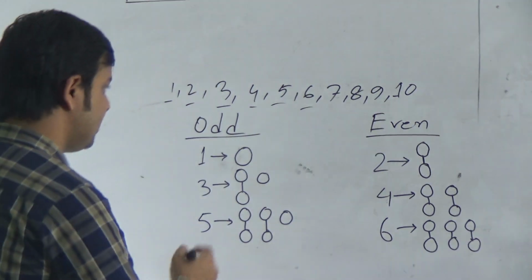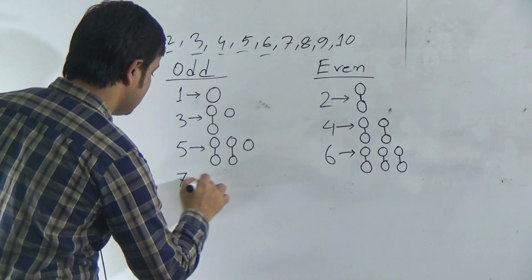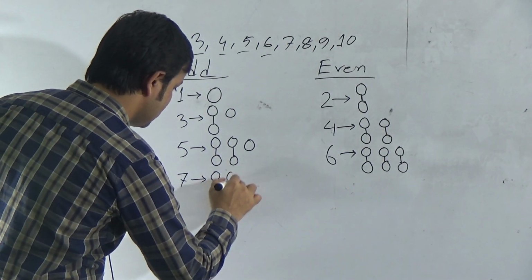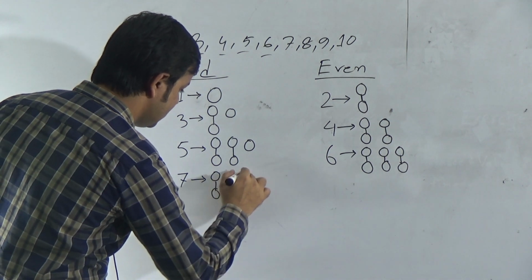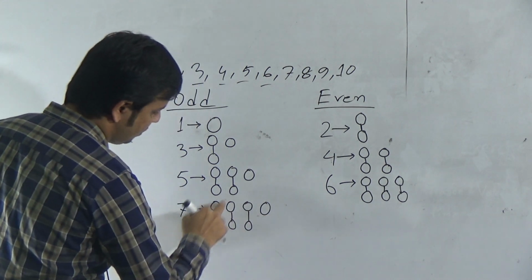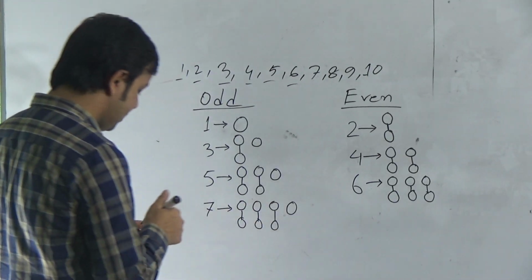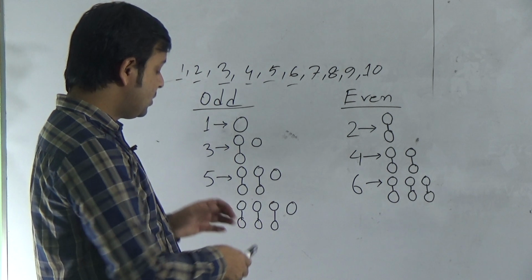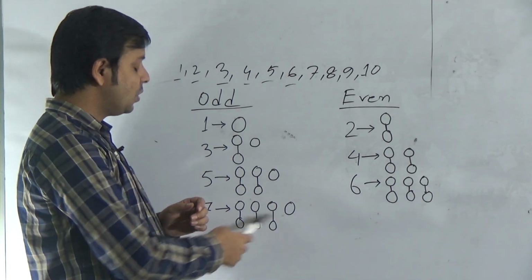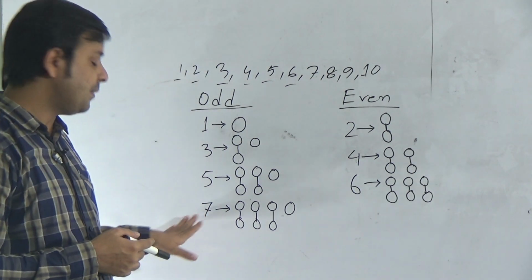Now the next number, 7. We can express 7 in this way: 1, 2, 3, 4, 5, 6, 7. 7 balls here. Students, see 3 pairs and 1 is without a pair. So 7 is not even, 7 is odd.